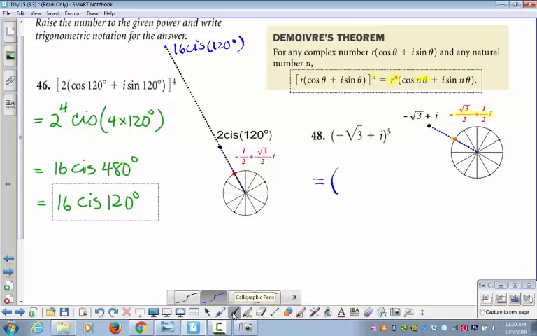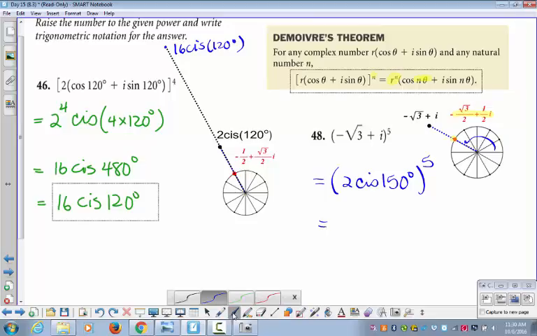So this is 2 cis, and that angle right there is 150 degrees. Let's do this one in degrees. De Moivre's theorem is nice to do in degrees because it's a little easier to multiply by an integer and then subtract off 360s. It tends to be easier than dealing with pi's. Everyone clear on how we got the 2 cis 150?